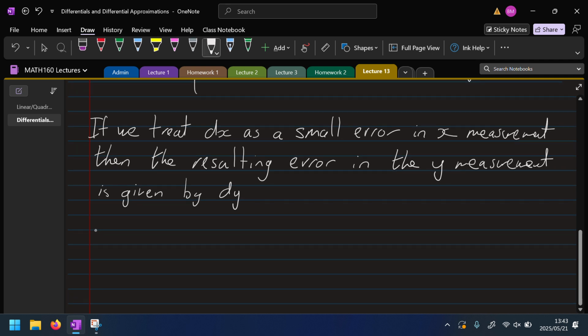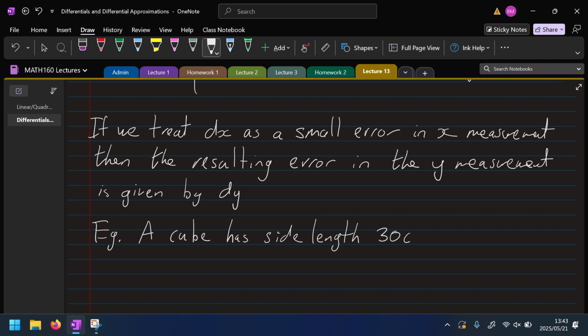Example: a cube has side length 30 centimeters. So you measure the side length of a cube to be 30 centimeters, but there's always some error.